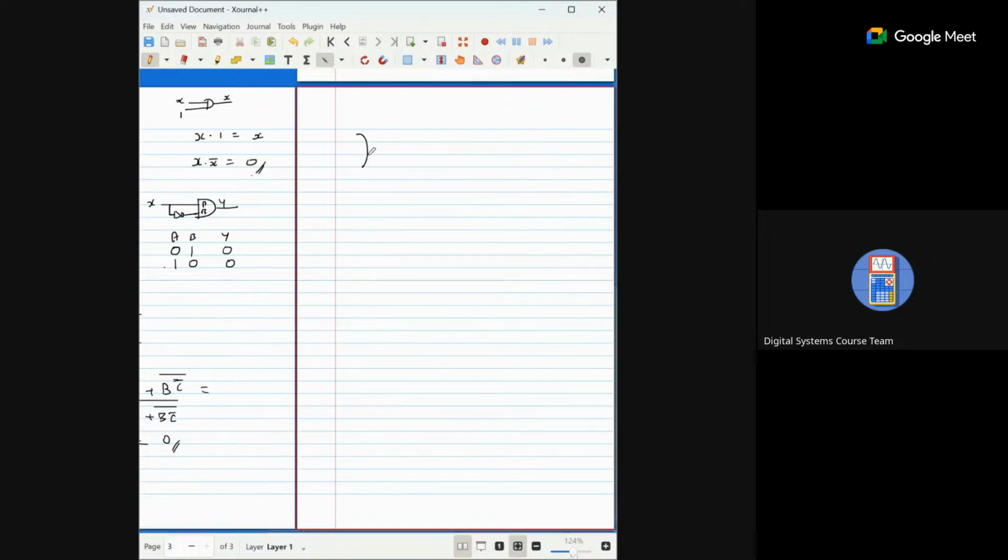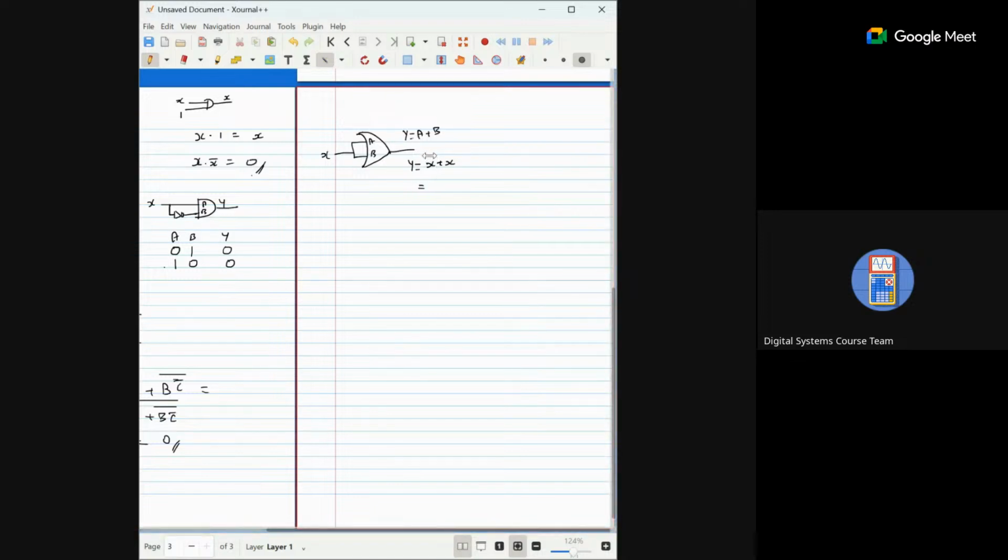And similarly, if you have an OR gate and both inputs are shorted to X, normally Y is equal to A plus B, where A is the first terminal and B is the second terminal. So here Y equal to X plus X. What is the meaning of that?